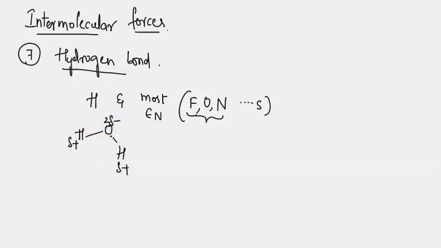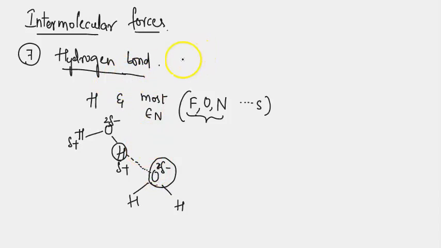Between one water molecule and another water molecule, we can see hydrogen bonding this way, represented by a dotted line. Such interaction between the electropositive hydrogen and the electronegative oxygen is called hydrogen bonding forces.